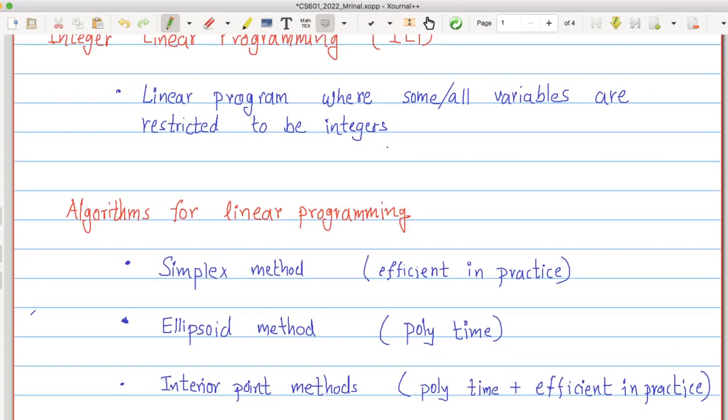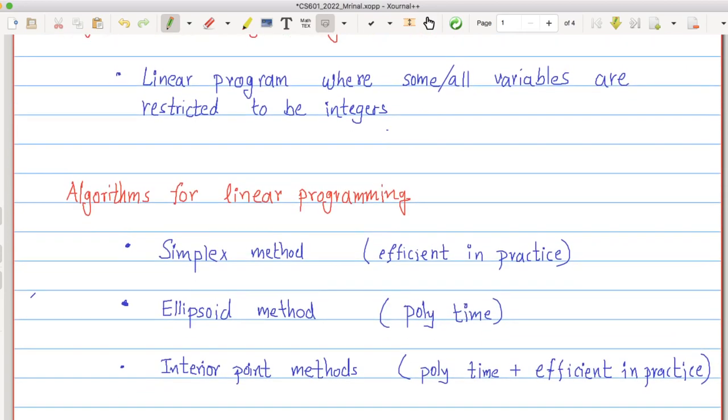So what we discussed last time was that there are mainly three kinds of algorithms for linear programming. So one is simplex method, which is one of the oldest. So it's efficient in practice but not known to be in polynomial time.